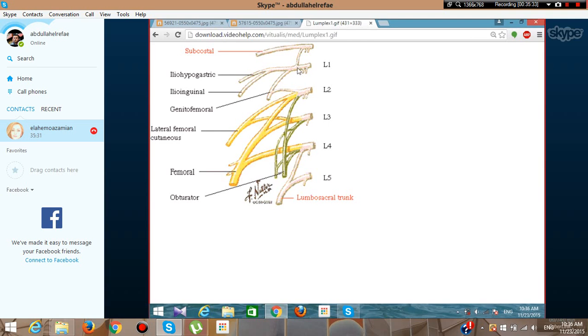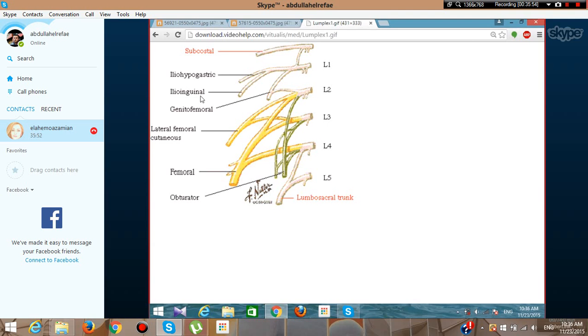Look, from L1, you get two nerves, iliohypogastric and ilioinguinal nerve. Both of them are coming from L1. Look at here, iliohypogastric is a bit above, ilioinguinal below.